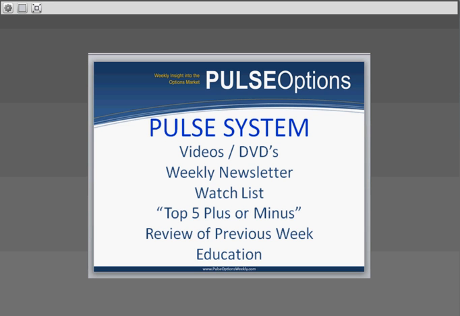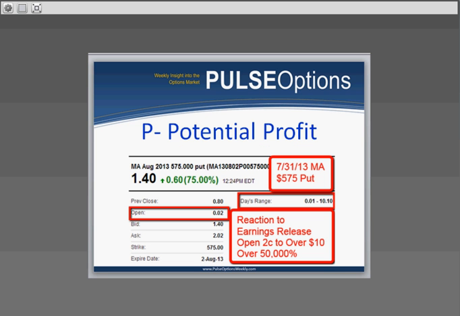I review the picks from the previous week, and understand, the emperor has no clothes. If I'm wrong, I can't hide from it, and I can't push it way off into the future, because when I pick a weekly option a week in advance, we're going to know a week later how I do. And then I educate. And again, the Pulse system, an acrostic, P is profit potential.